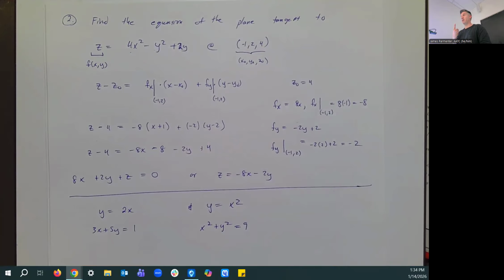All your variables are to the first power, or not there at all. You could have a plane where you didn't have an x or a y, or a z. It's totally possible. But all your variables aren't to any powers other than 1 or 0. Whereas equations like this are definitely not straight lines, or in 3 dimensions, not planes. Okay.